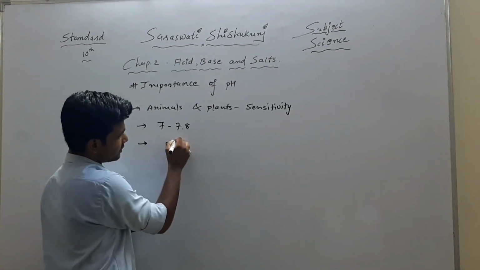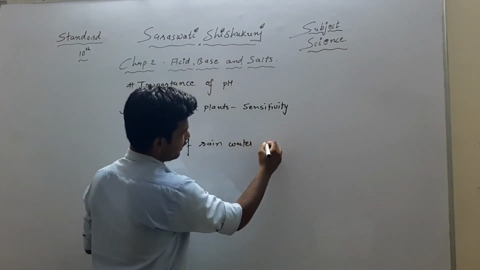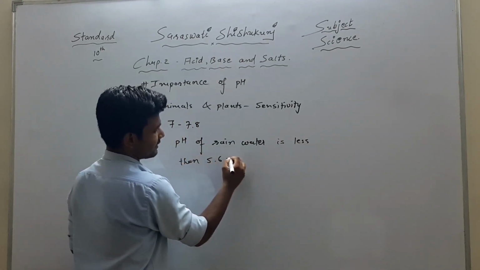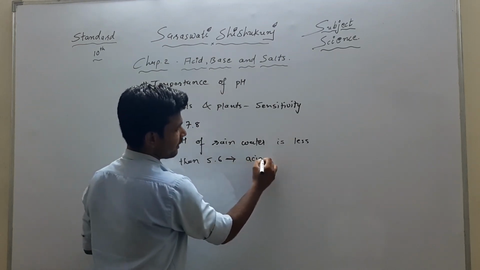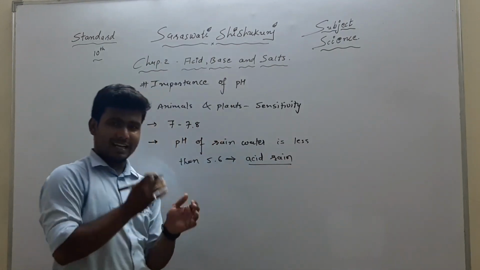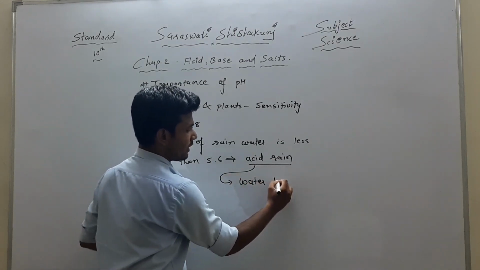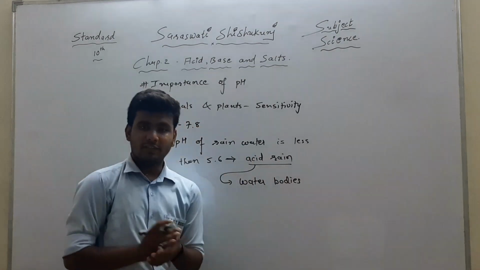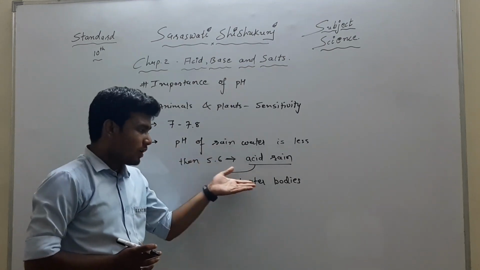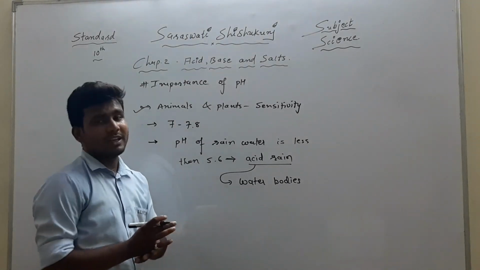If the pH of rainwater decreases below 5.6, it is known as acid rain. And we know that this acid rain gets into different water bodies, and in these water bodies there are different organisms. Due to more acidity in those water bodies, the organisms get affected and there is a problem in their survival.